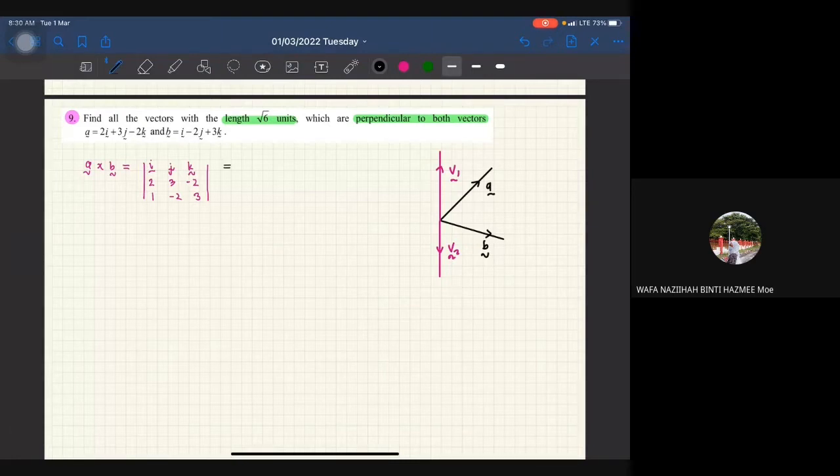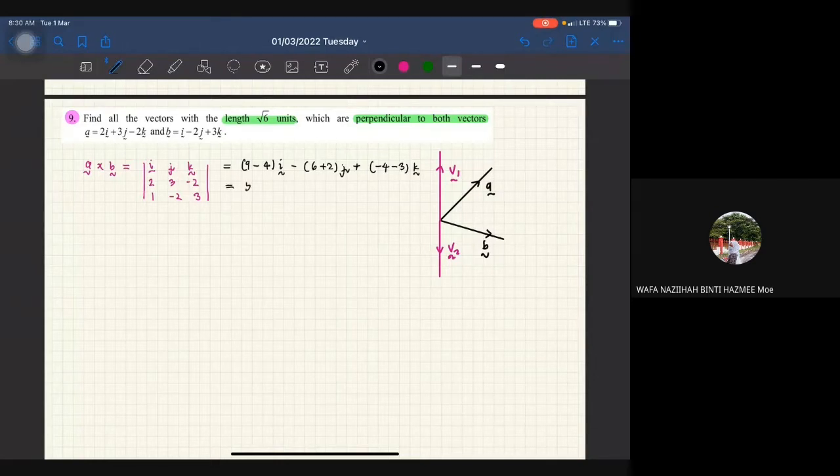So you will get 9 minus 4, I, and then second term kita akan tolak, komponen kedua kita akan tolak. Okay, so awak akan dapat kat sini 6 plus 2, betul ke? Okay, and then put J. Last one is negative 4 minus 3. Okay, settle. Okay, so let's simplify this one.